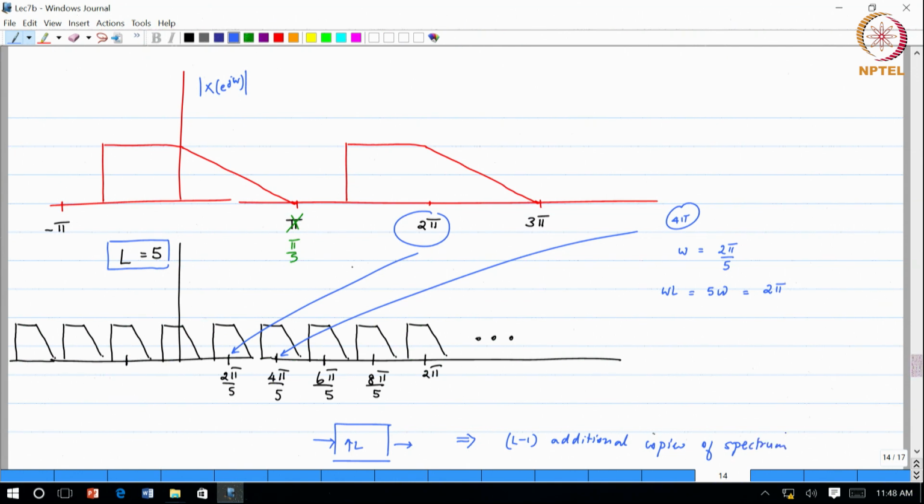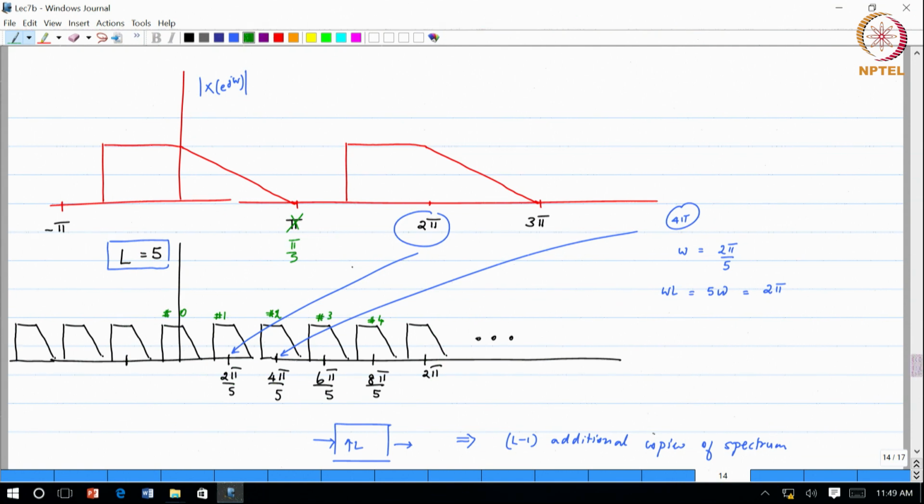Okay. So, we can maybe even indicate it here. This is copy number 0. That is the original, it has been shrunk in terms of the spectrum. This is additional copy number 1, number 2, number 3, number 4, and after that the periodicity kicks in. Okay.